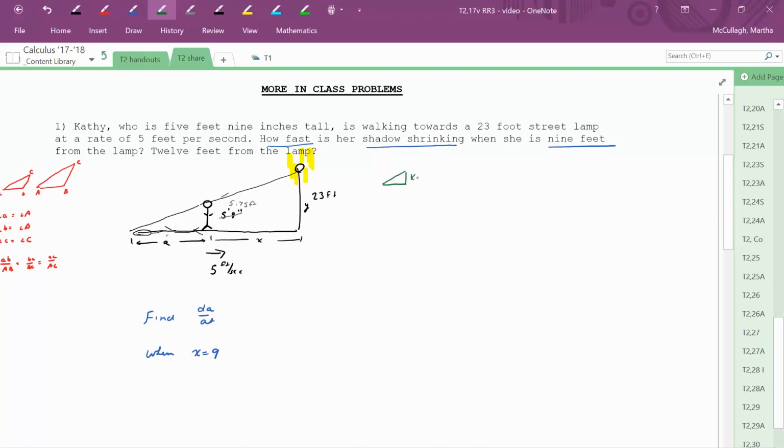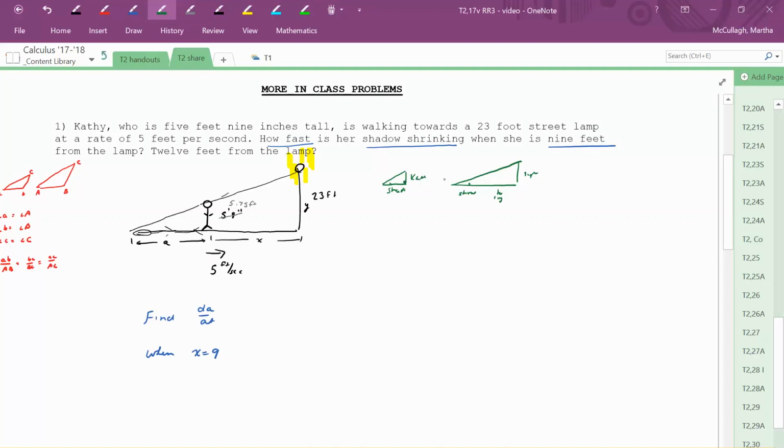we have a triangle that is Kathy and the shadow, and we have shadow, distance to light, and the light being the larger triangle. It's similar to this triangle. We know that this angle is the same as this angle.